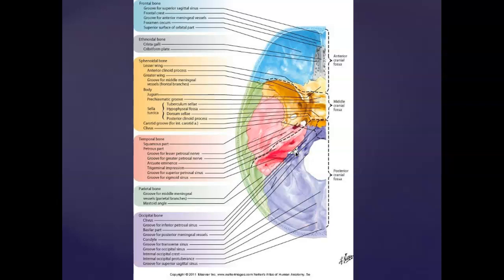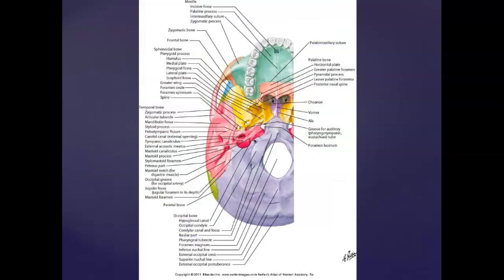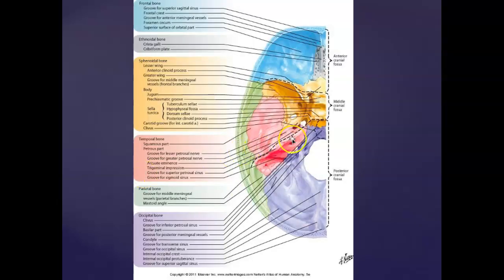Now, the petrous portion, let's talk a little bit more about this. Let's look at the bottom of the skull here. You can see where that jugular foramen is right next to that carotid foramen. And so right here, they're very close, but then there's that carotid canal, and the exit of that isn't going to happen until right here, right next to that foramen lacerum.